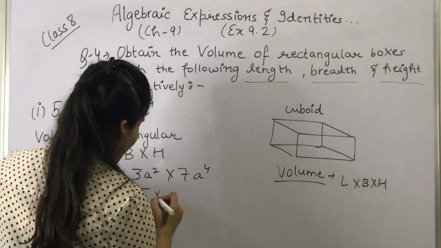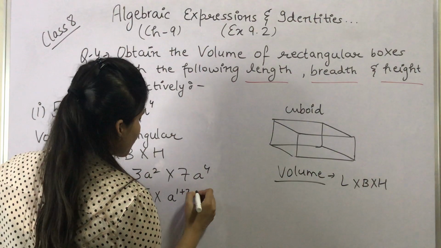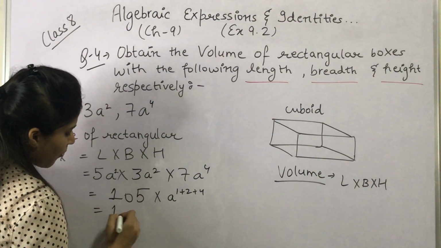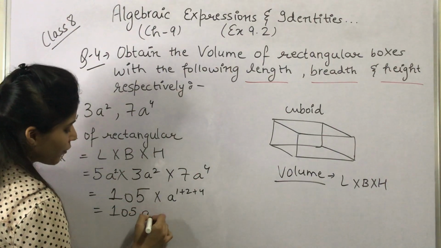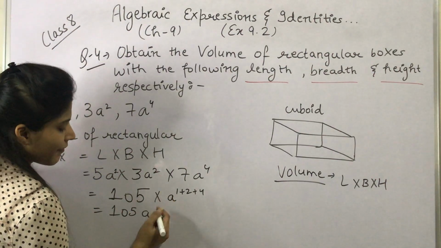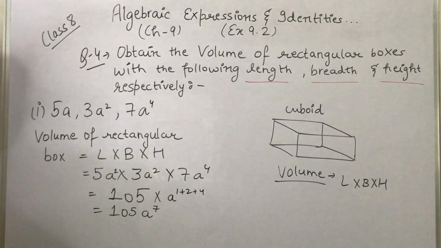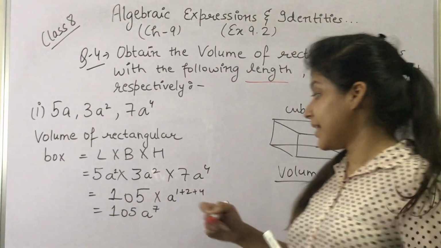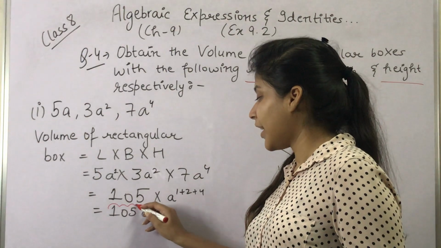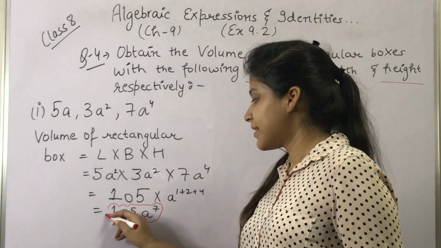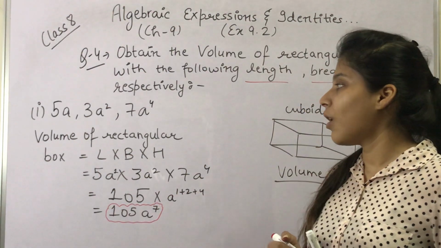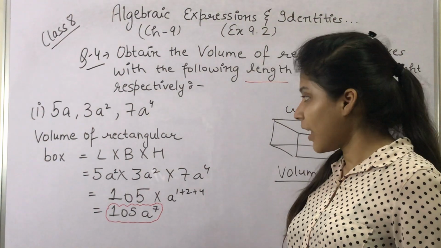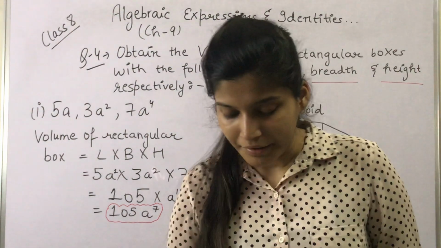So what we can write is a to the power 1 plus 2 plus 4. ठीक है? So this will be 105 a to the power 7. So the answer is 105 a to the power 7. This is the volume of first rectangular box. Okay. Now let's come to second part.